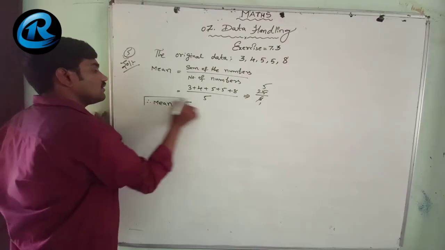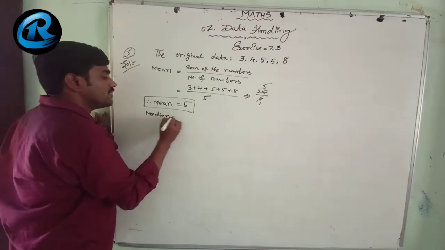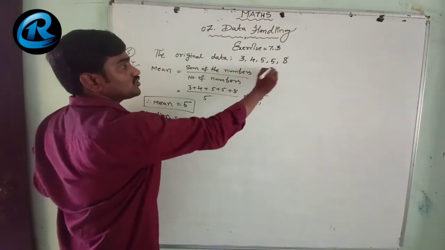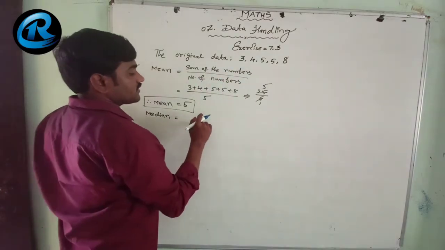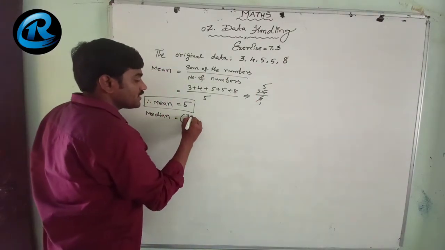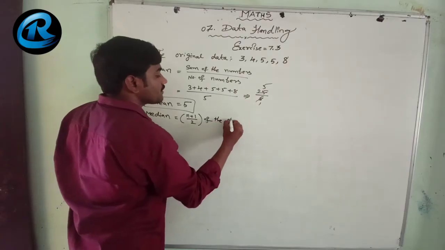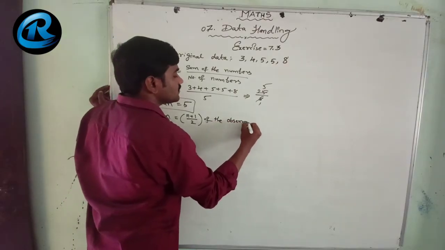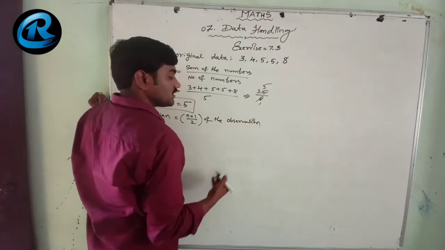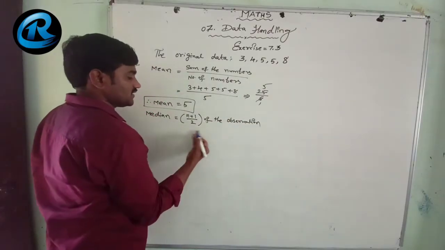5. Let's find out the median. The median equals the middlemost value. If the number of observations is odd, the median is the (n plus 1) by 2 th observation. Here n equals 5, which is an odd number.